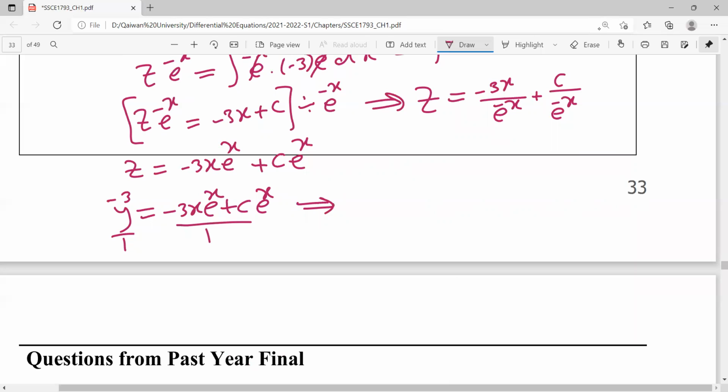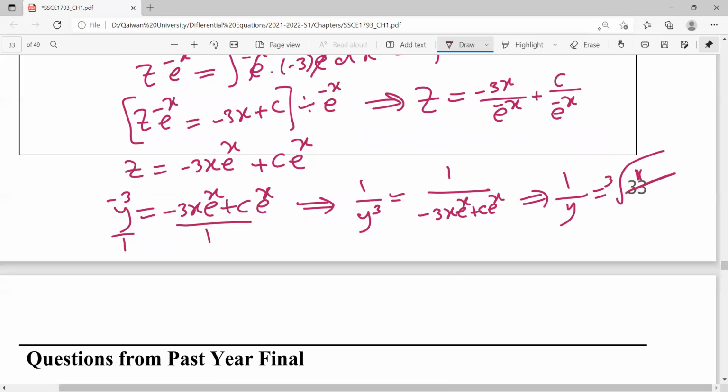Okay, so what we get? We get 1 over y cubed equals 1 over -3x e^x plus c e^x. Then, if we take the cubed root for both sides, we get 1 over y equals the cubed root of 1 over -3x e^x plus c e^x. This is all in the roots.